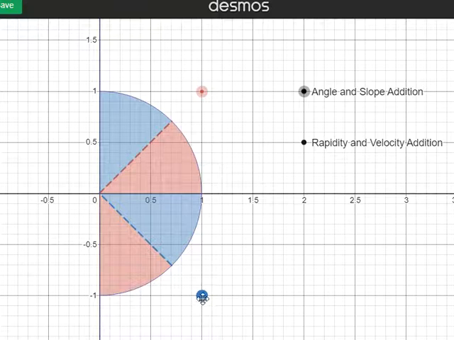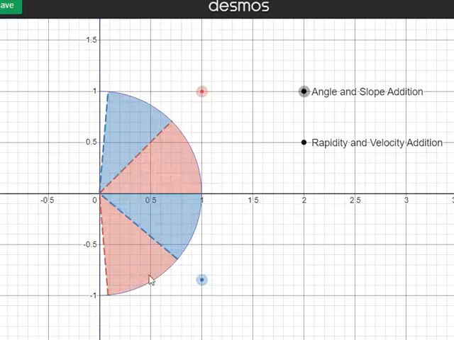Because look, if I put in, say, this angle, the red angle is 45 degrees, and the blue angle is about 40 degrees. This ends up being a slope of approximately 1, and this also ends up being a slope of approximately 1.